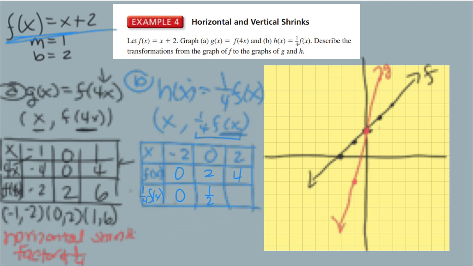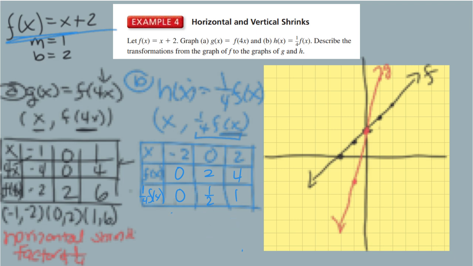And then finally we have 1/4 times 4, which is the same as 4/4, which gives me a total of 1.